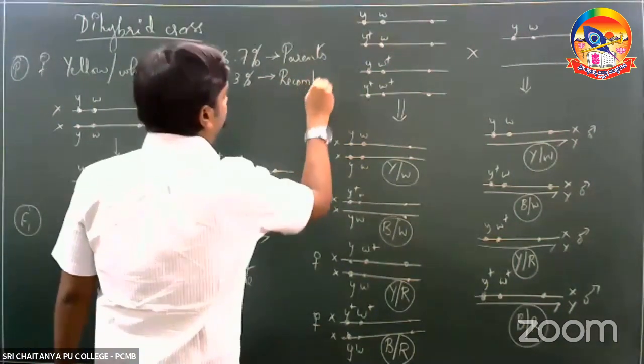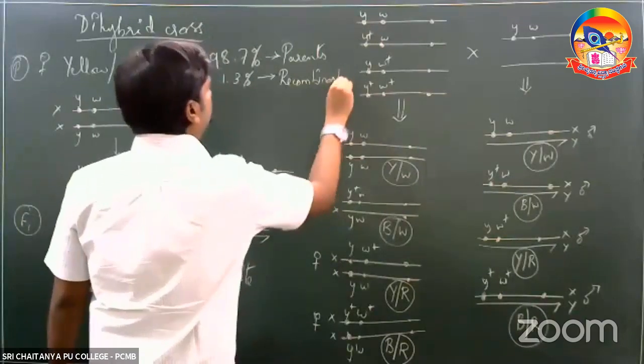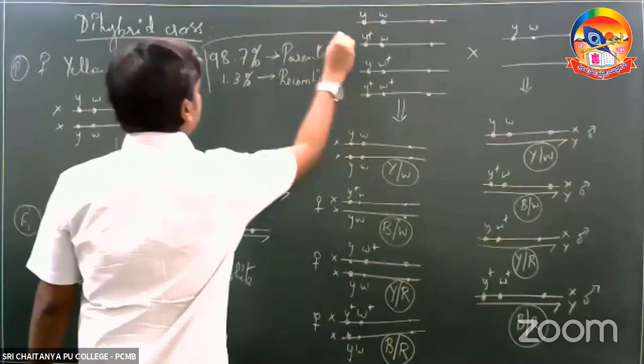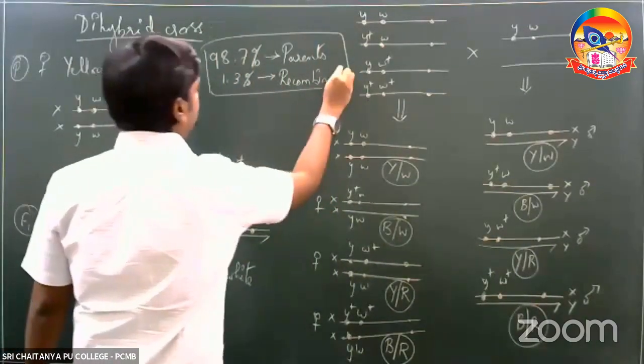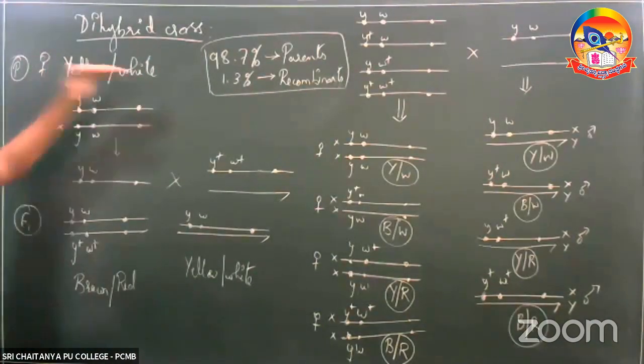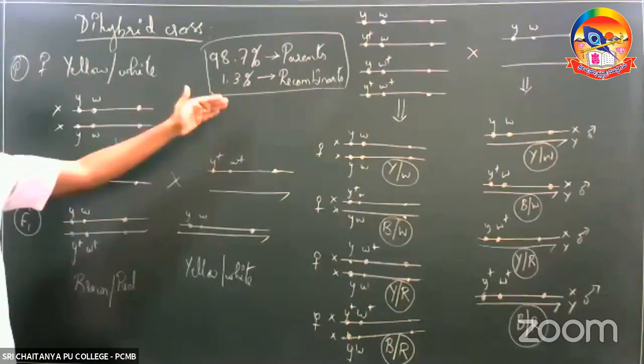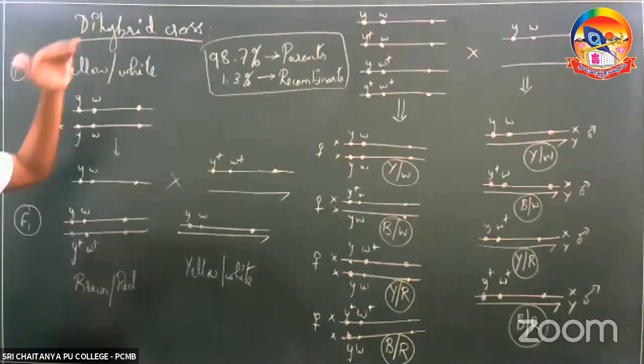This is a very important thing you need to remember. Among the offsprings formed in the F2 generation, 98.7% resembled the parents, that is yellow-bodied white-eyed female and brown-bodied red-eyed males.